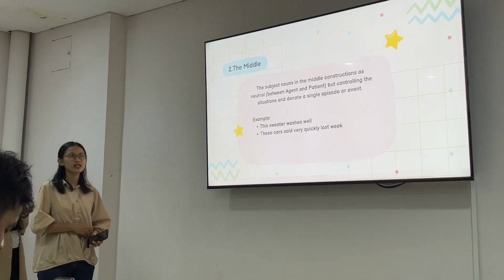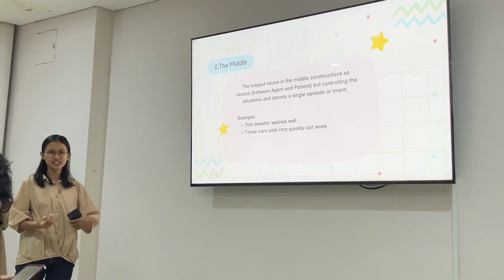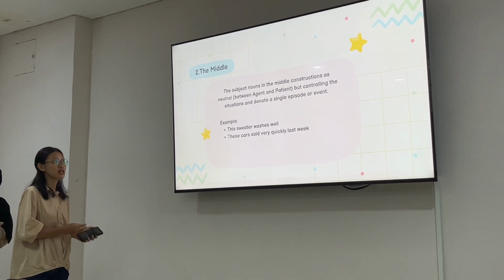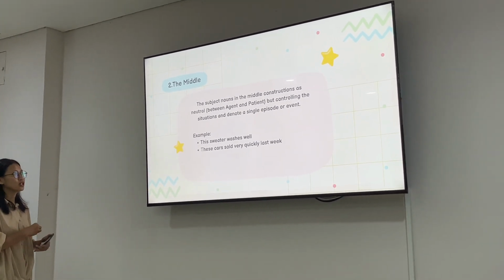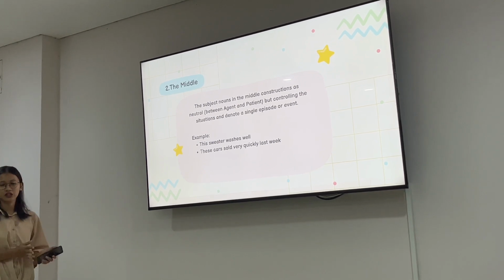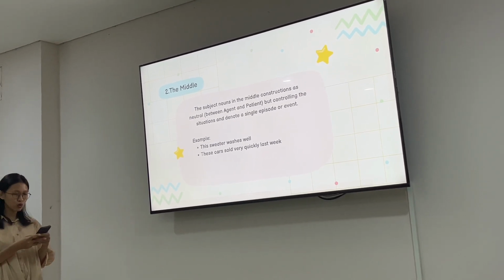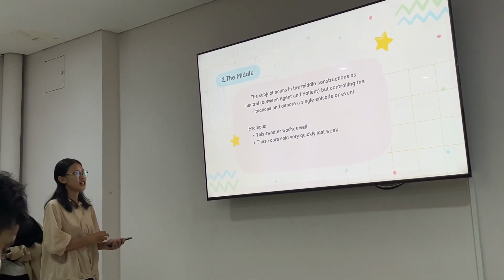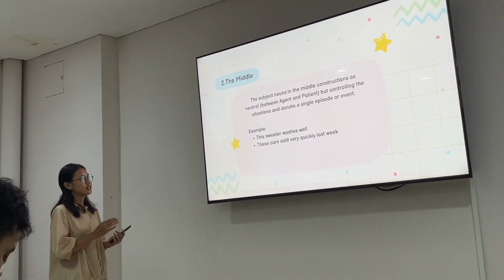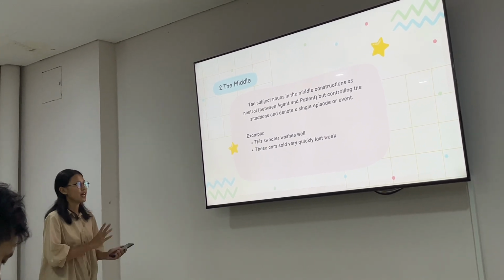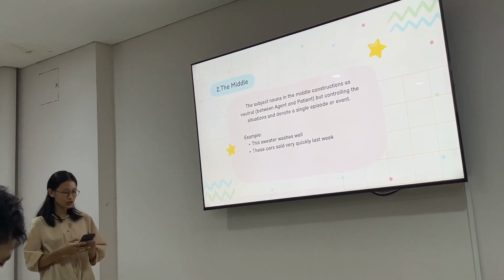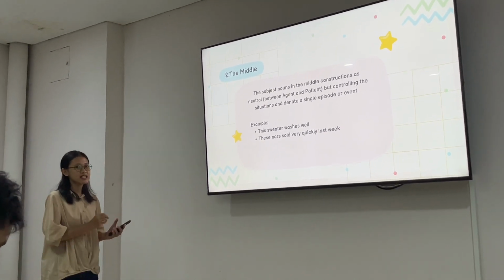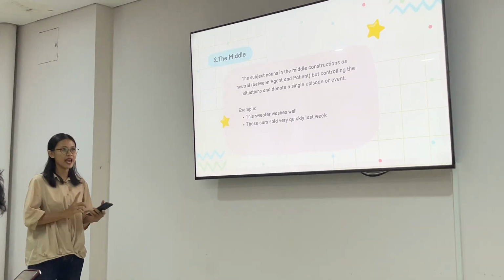So between the passive and the active, there is the middle. The middle is when the subject noun acts as a middle construction, neutral between agent and patient. So the subject here is both performing and receiving action, and they control the situation and denote a single episode or event. We can say here that middle is midway between passive and active.